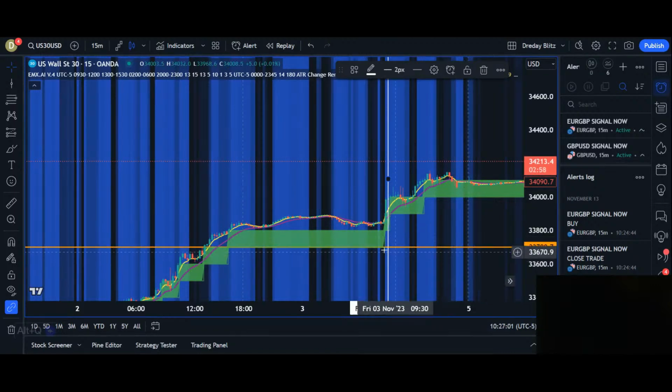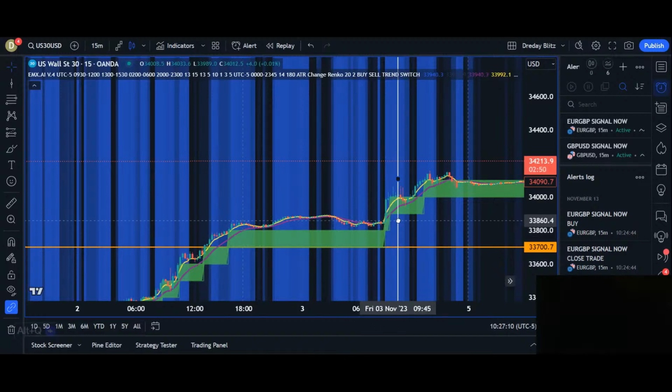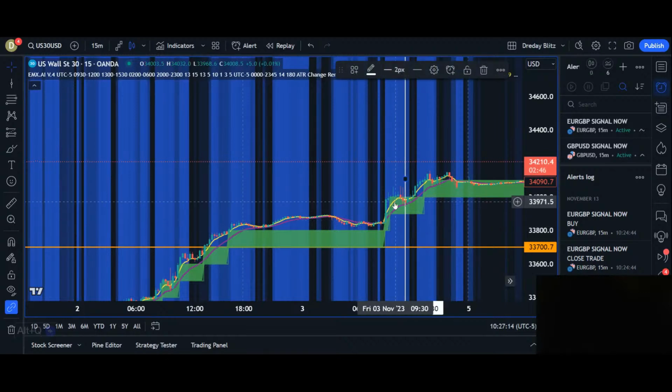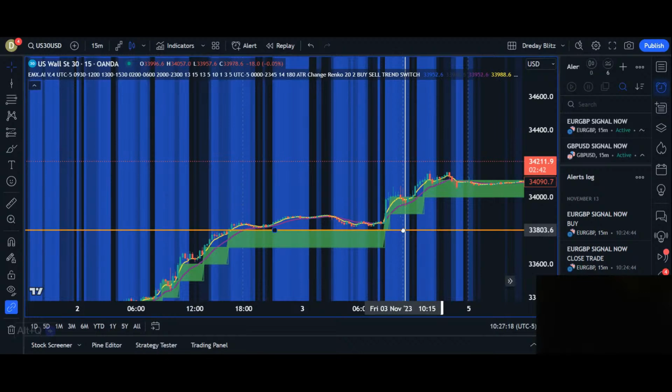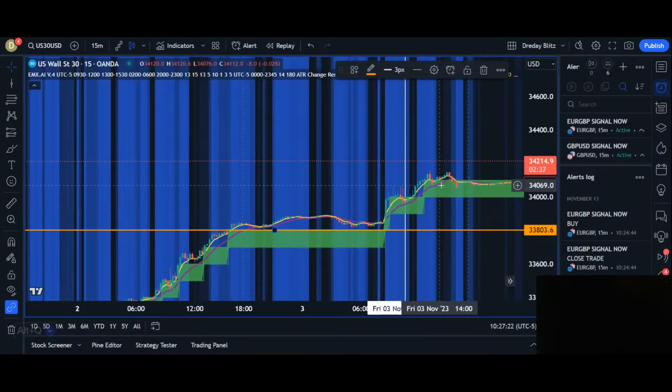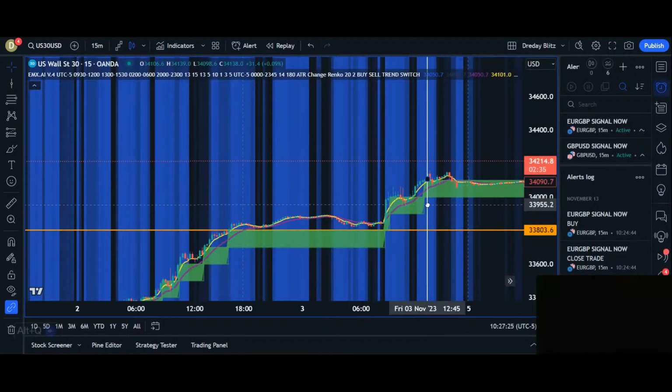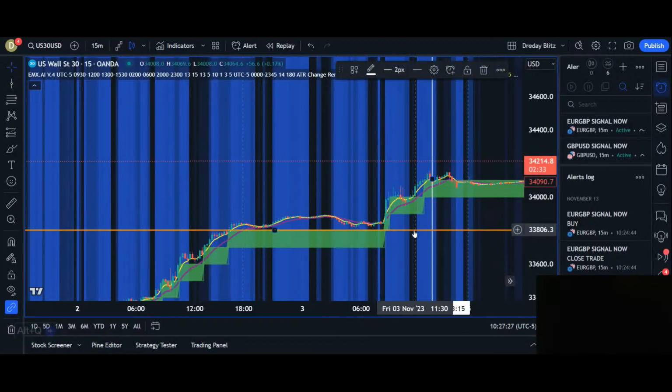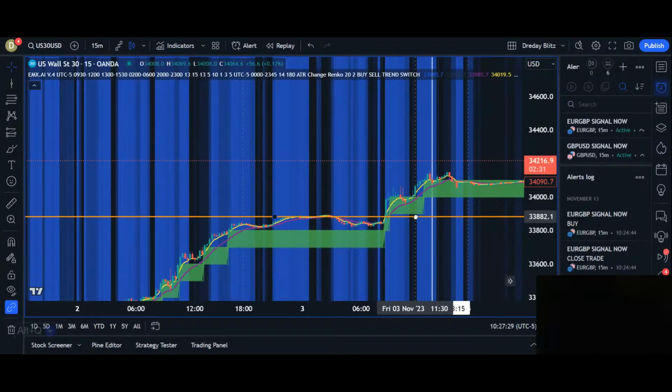Okay, so this horizontal line is your stop loss based off of that entry. So when the price goes from this Renko to this one, the second one, you're gonna move your stop loss here. And when it goes from here to here, now the price is right here, you move your stop loss here.